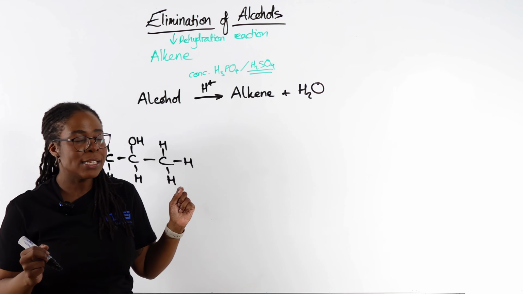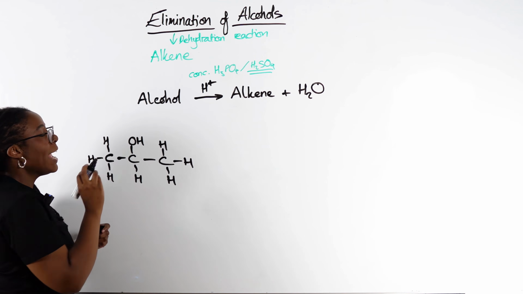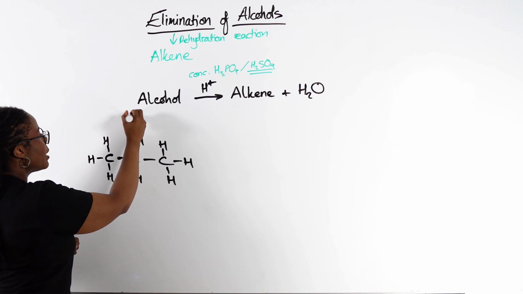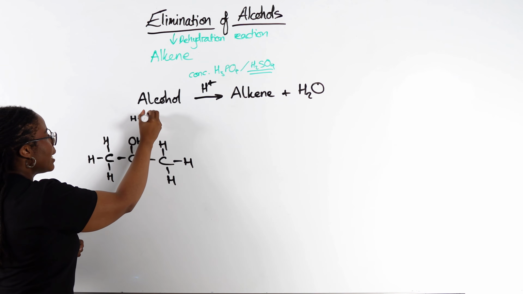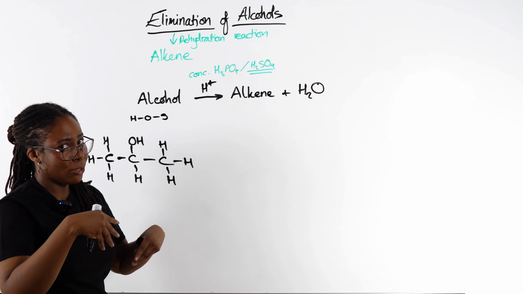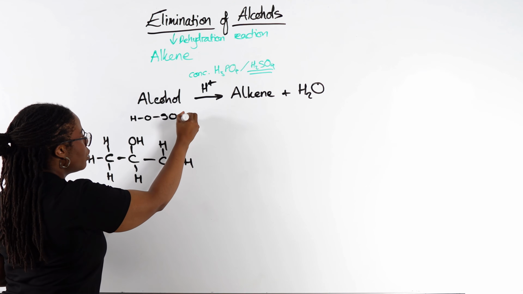In our first step, I'm using sulfuric acid, and I'm going to draw the structure of sulfuric acid. That's going to be an H attached to an O, attached to an S, and then that's attached to the rest of it, which I don't care about as much. I'm going to write that as O2OH.